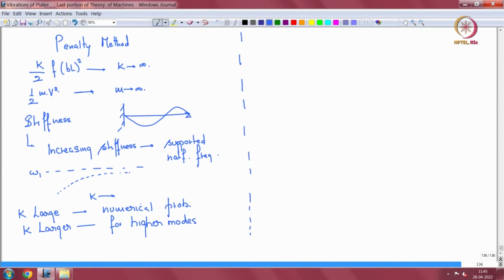Now, as you are raising the stiffness value, you do not know where the convergence is, how far the natural frequency is, and how high the k stiffness has to be is unknown.